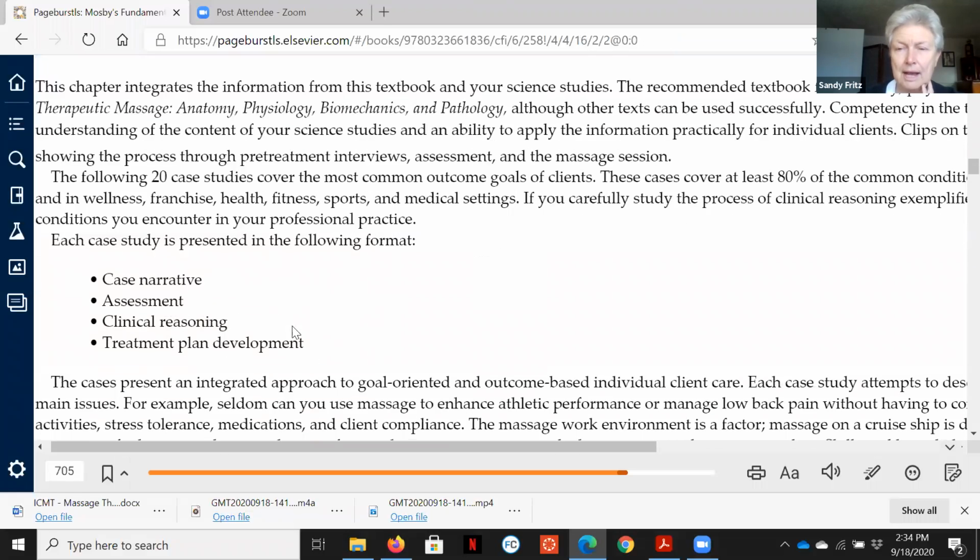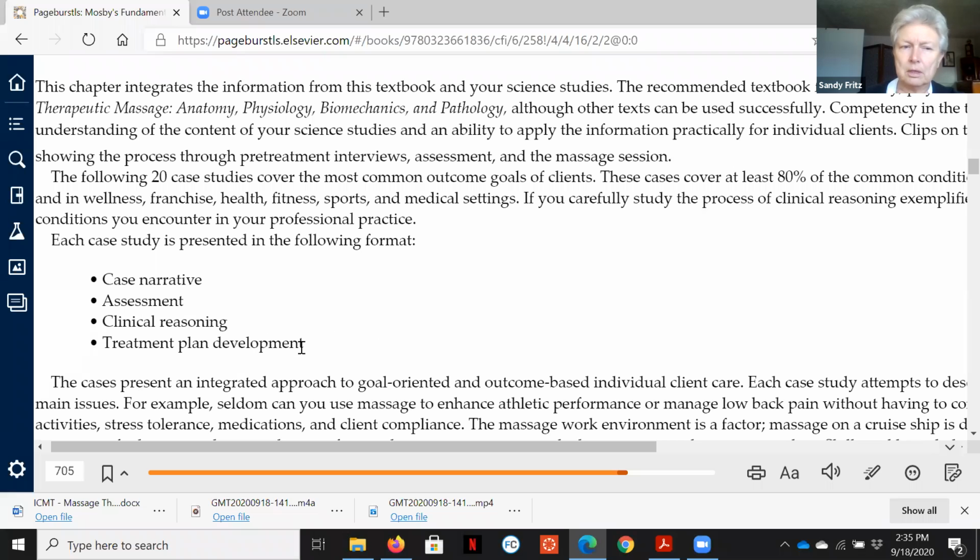Now, it does not go into the actual SOAP or session by session documentation. But what would be a really good exercise for you is to take one of these case studies, follow it through, read it intently, see what the treatment plan is, and then project forward.